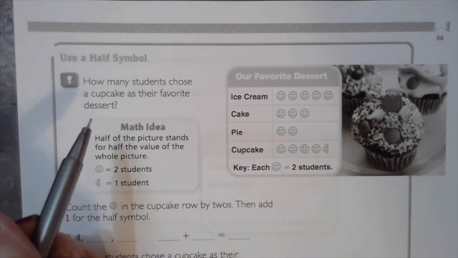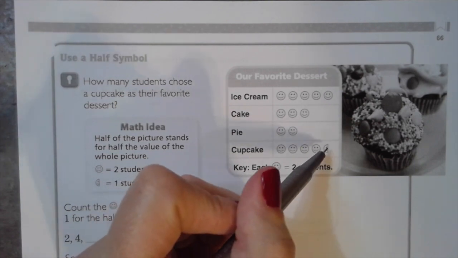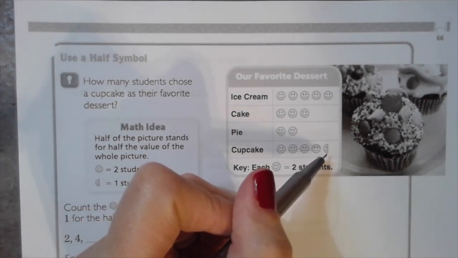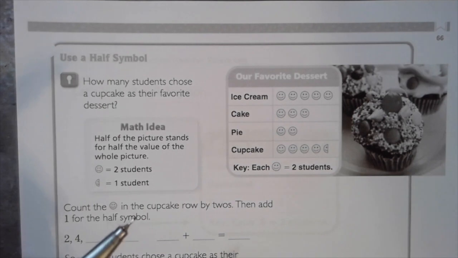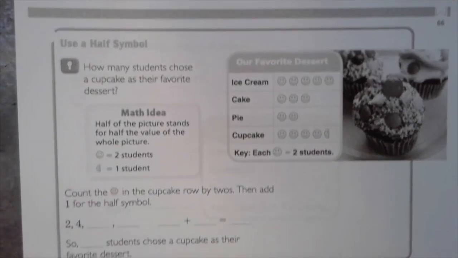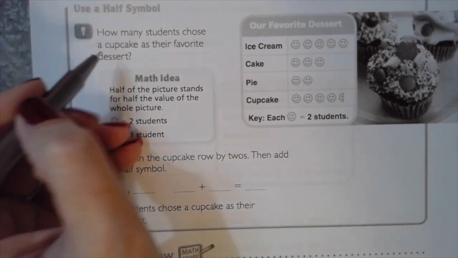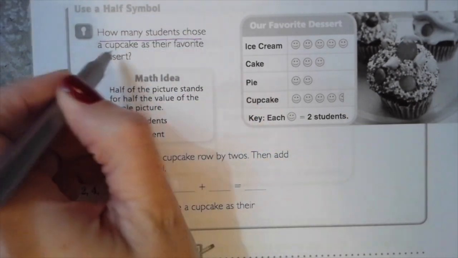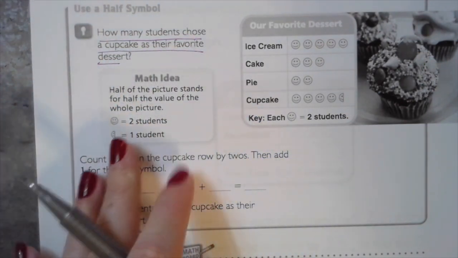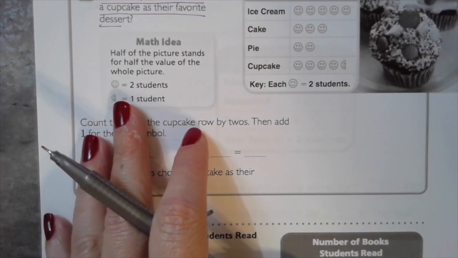But wait. Remember we talked about the half circle in the first example when we talked about the recess games? Well, the question we need to answer is how many students chose cupcake as their favorite dessert. But we need to look at this math idea.